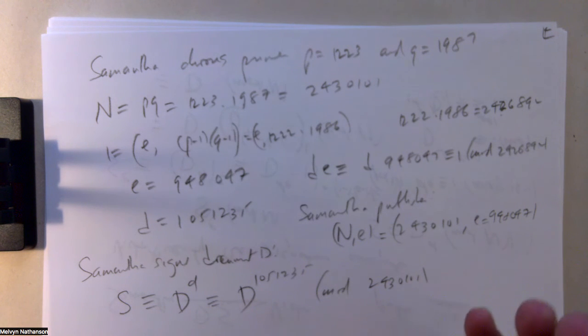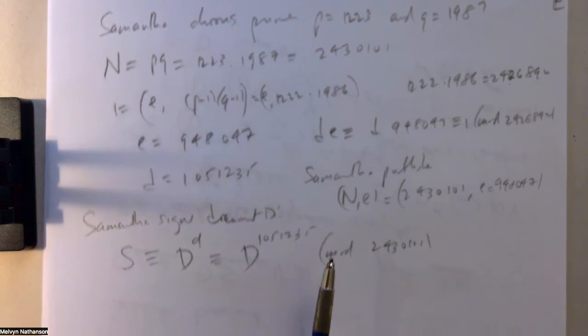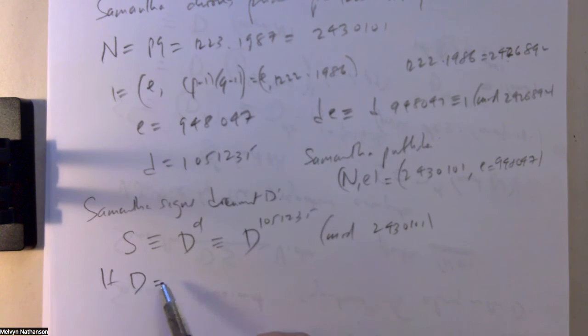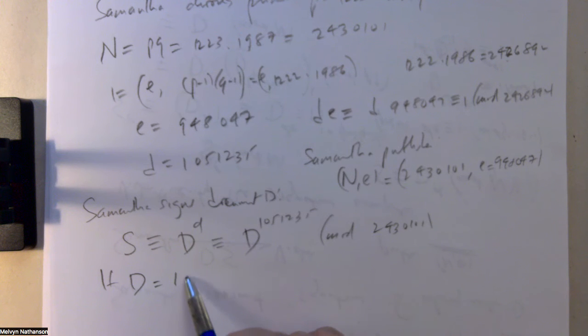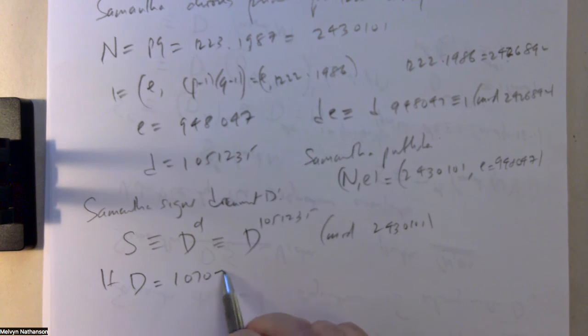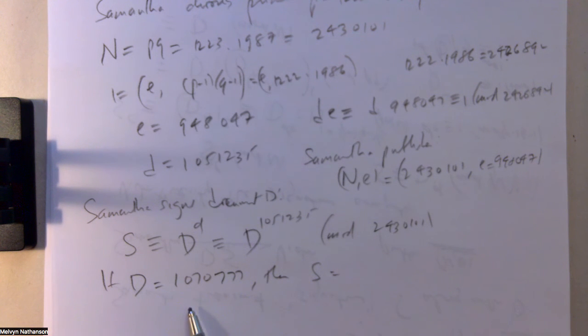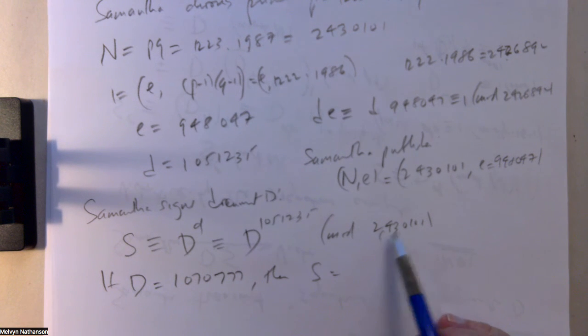I mean, it's clear from this that you don't want to do this by hand, right? You can't do cryptography by hand. It has to be done with a big computer. And so, for example, if the document D had the number 1,070,777, you take this number and raise it to this power and reduce it modulo this number, 2.4 million roughly.